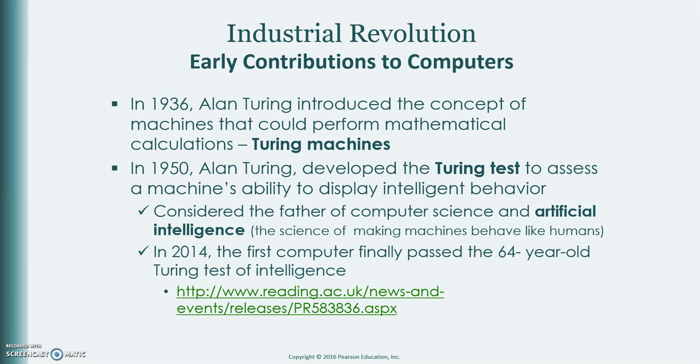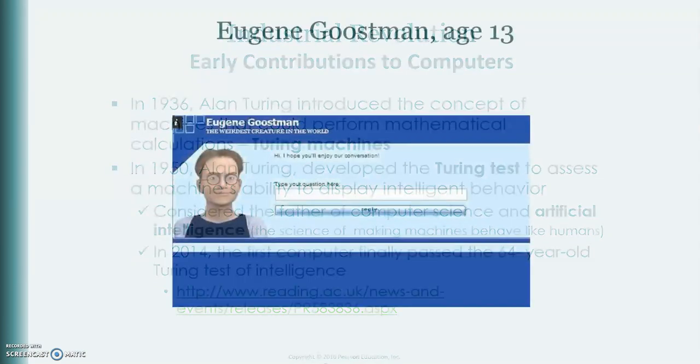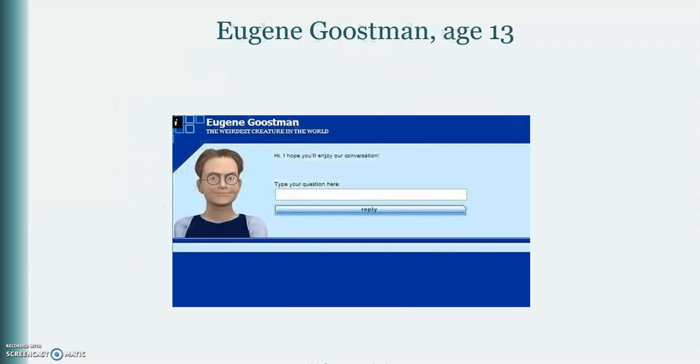In June of 2014, so just 3 years ago, a computer by the name of Eugene became the first computer to pass the 64-year-old Turing test of intelligence. This is Eugene. And Eugene was a computer, and he was programmed to act like a 13-year-old boy. All right, so you would type in your question here, and then Eugene would reply.